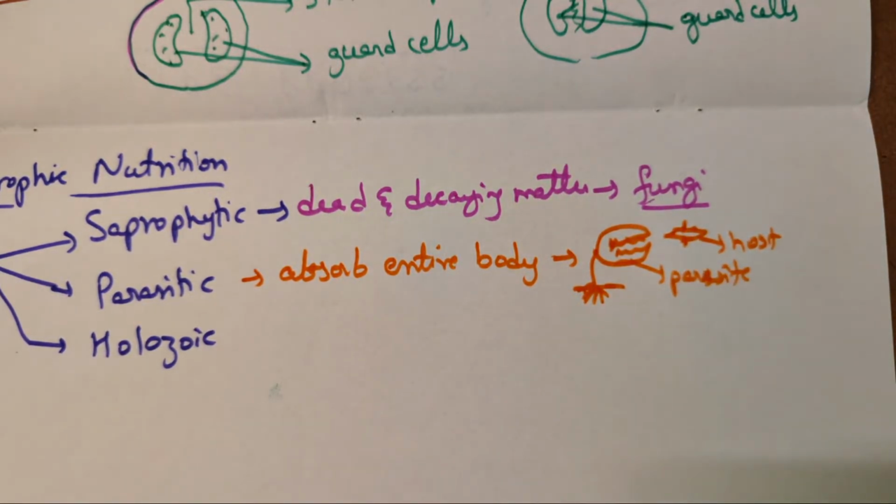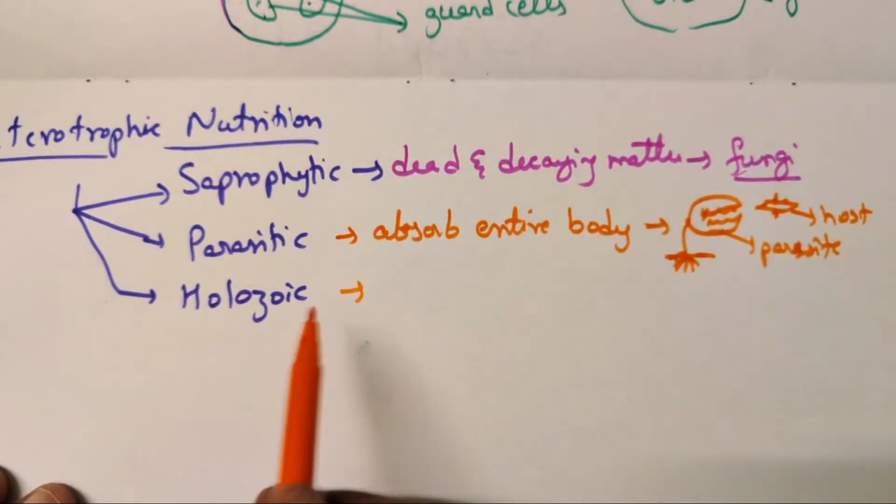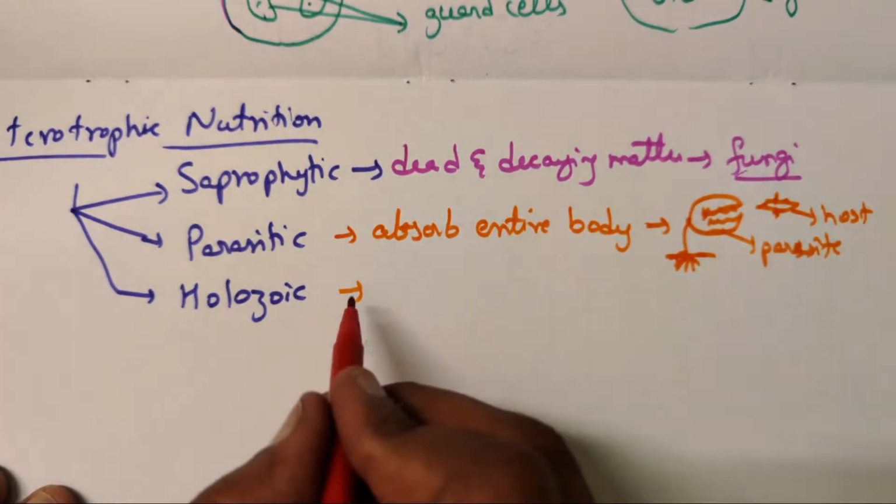I have a few more examples. I will tell you in part 2 about the parasitic animals. And what about the holozoic? Holozoic example is the human body. So what is the human body doing?